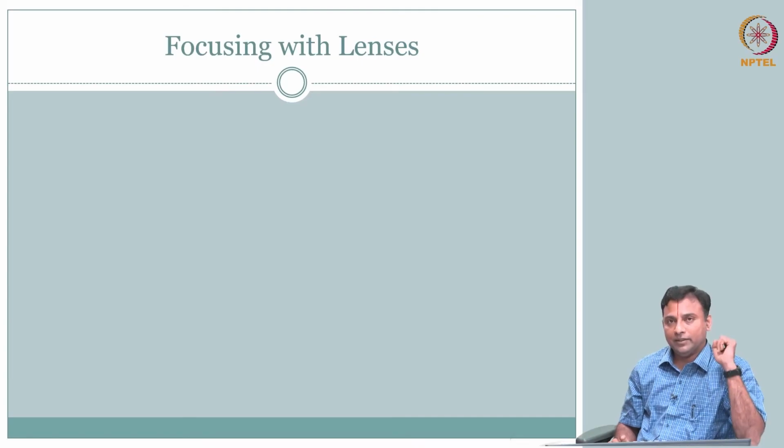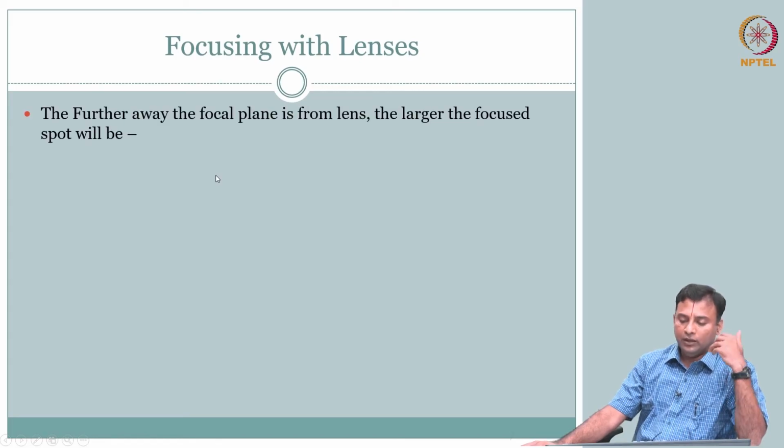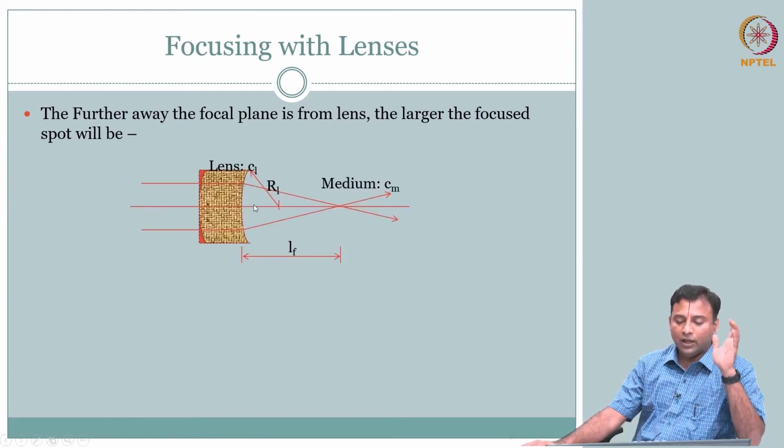How will I do that? Well, you could use a lens, a focusing lens. It is very similar to how you do a lens in optics. So we could have a lens in this case as well, but this lens we call an acoustic lens. Instead of an optical lens, you have an acoustic lens.